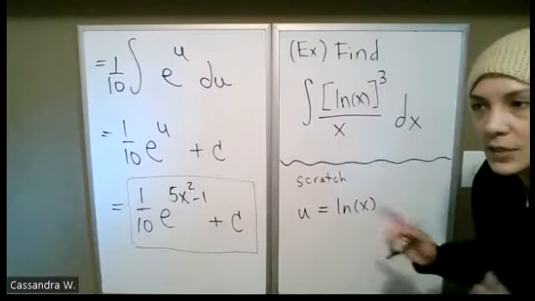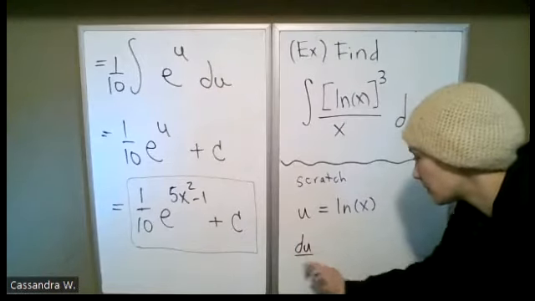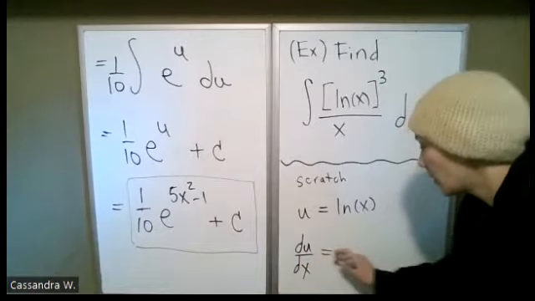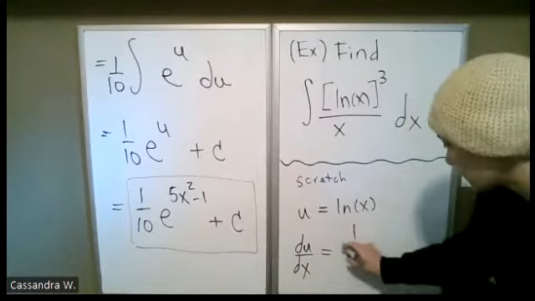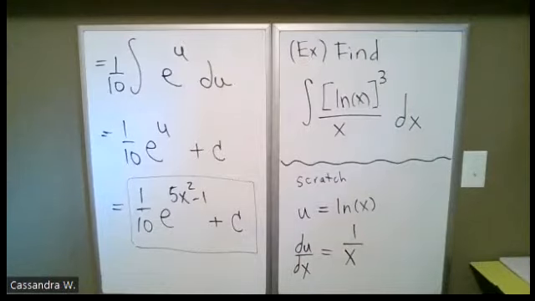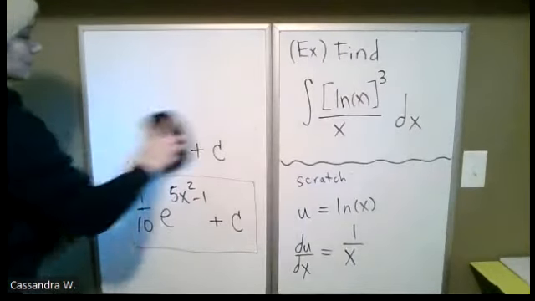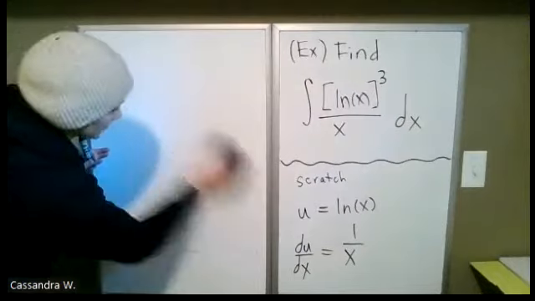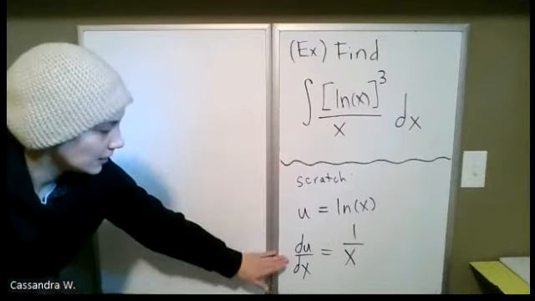Then you want to take the derivative, so du dx. And the derivative of ln of x is 1 over x. Okay.